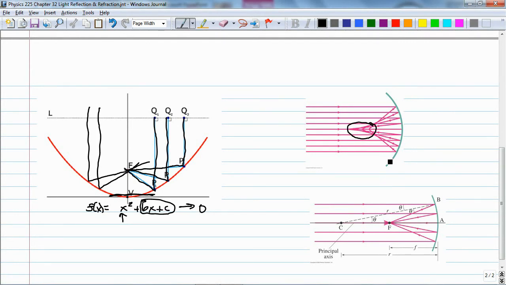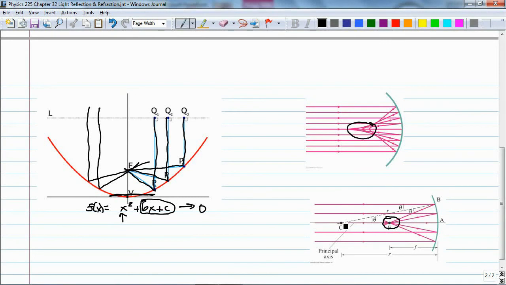And so in doing that, for very small mirrors, I can get the rays to go to a point, in this focal point where the rays converge.